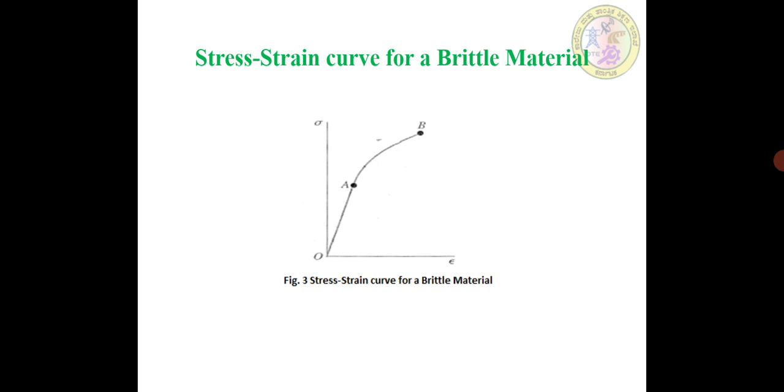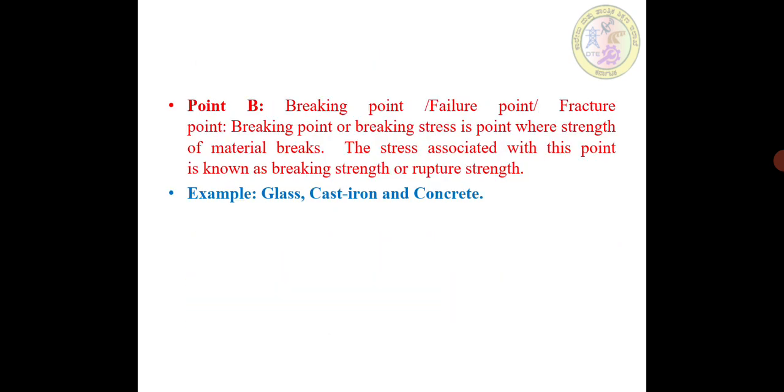The stress up to this point is known as the proportional limit and it obeys Hooke's law between the points O and A. The point B is the breaking point, also called the fracture point, where the material breaks. The stress associated with this point is known as breaking strength or rupture strength.